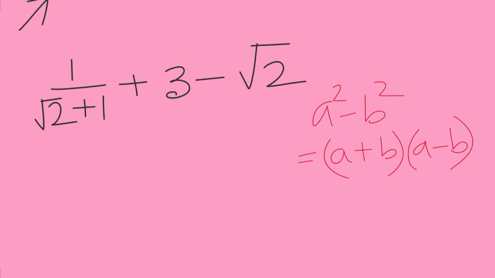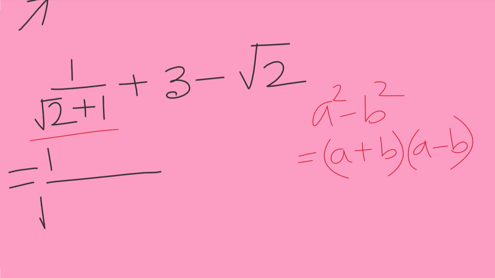We check whether the denominator is in the format of a plus b or a minus b. If it is in the format of a plus b, we simply multiply the numerator and the denominator with the a minus b format, and if it is a minus b, we do the reverse and multiply by a plus b. So here we shall multiply the numerator and the denominator.